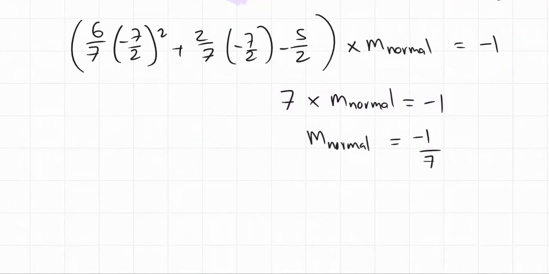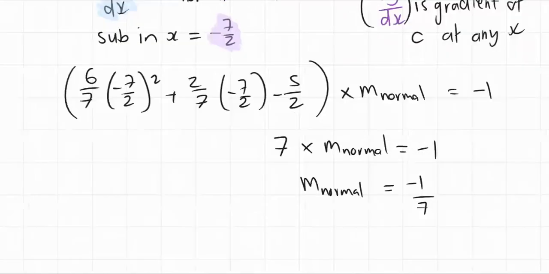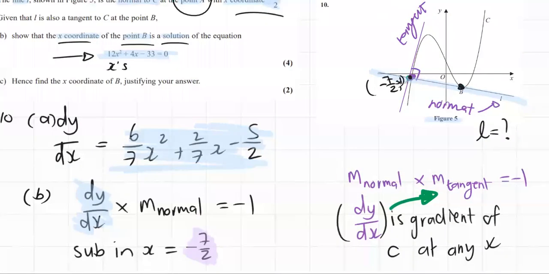Okay, so we have the gradient of the normal. What does that mean? Well, this line here is our normal to the curve. And we know that at point B, which is the point we're looking for, we've got the gradient at the point B, and we've got the gradient of the normal. It's the same gradient. Okay.